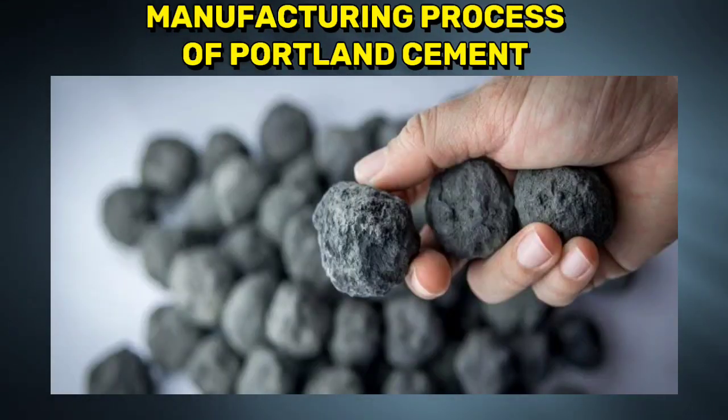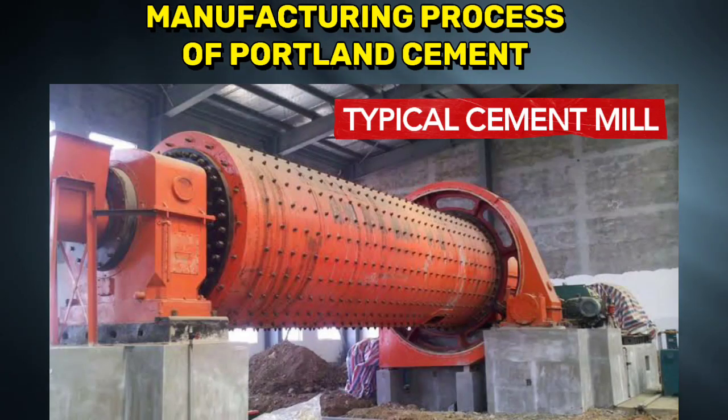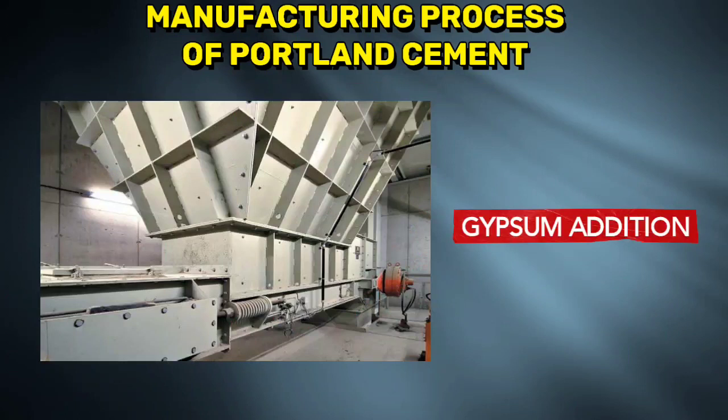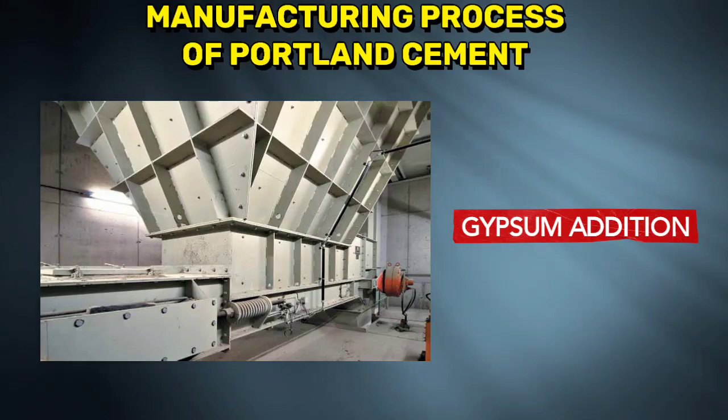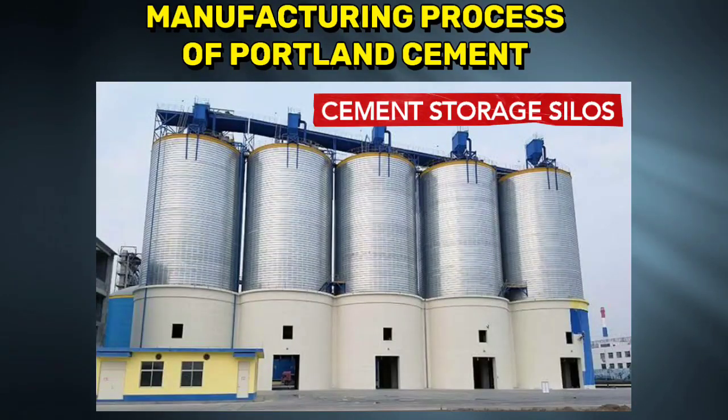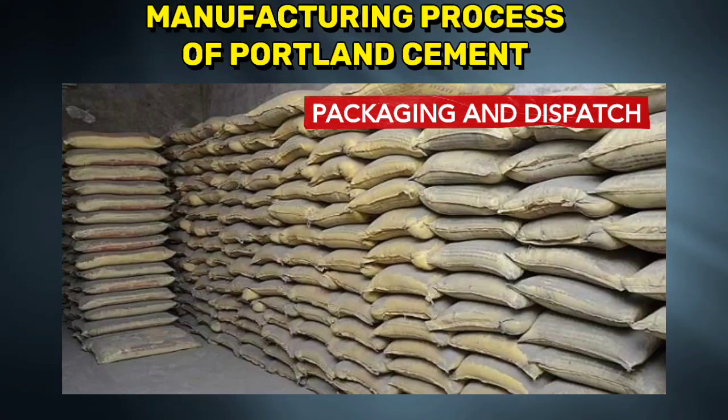So in the cement mill, it is ground to a fine powder to turn the clinker into a useful cement. It's also in the cement mill that they add gypsum to control the setting time. A certain percentage is added, and then it is sent into storage, before it is bagged and dispatched in bulk or in batches.